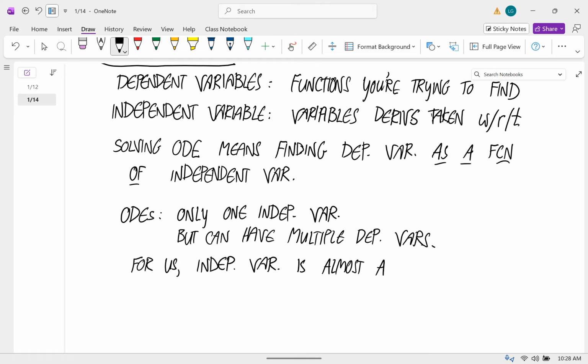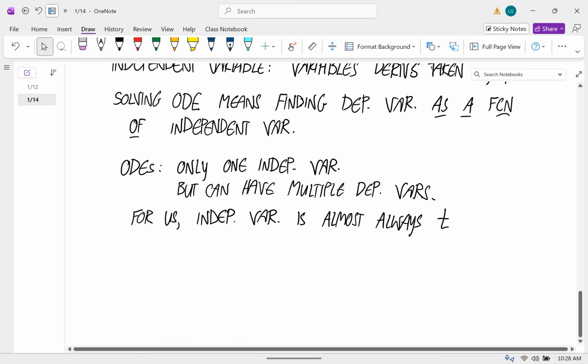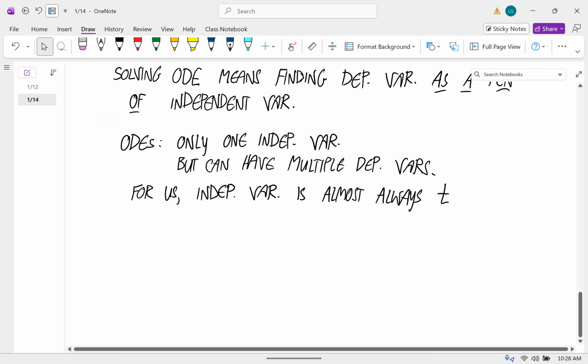So we're trying to find other things as functions of time. Often those will be like position components, you know?